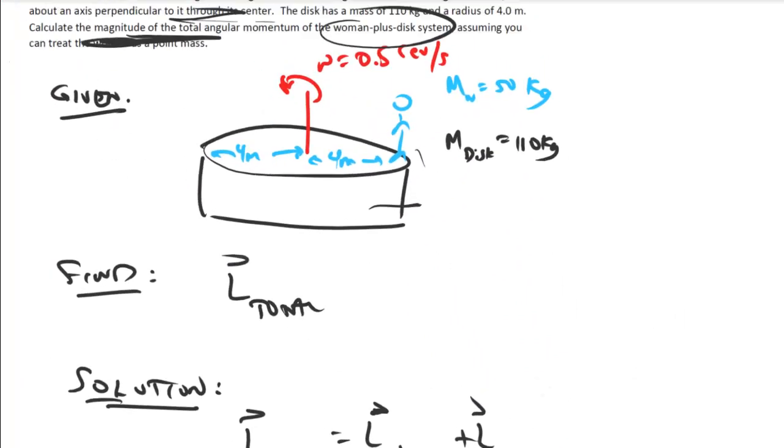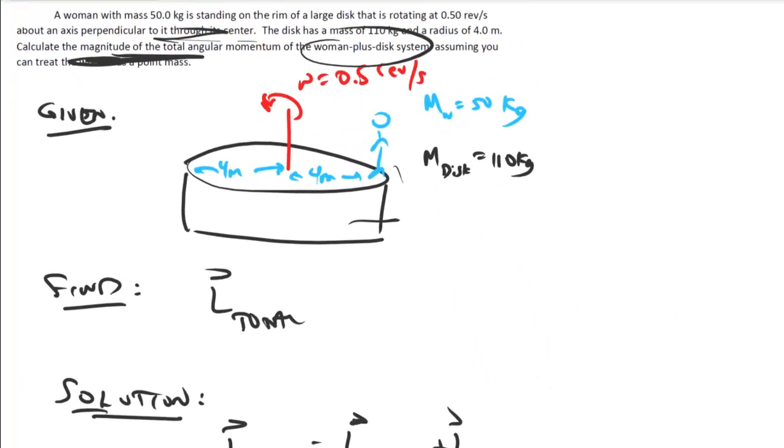Okay, then the rotational inertia of the woman, we need to find out what this is. This is her rotational inertia relative to this axis that goes to the center. If we can treat the woman as a point mass, then we go back to the definition of rotational inertia: I is the sum of all the masses times their distance from the axis of rotation squared.